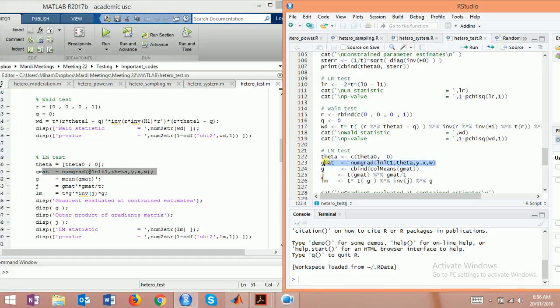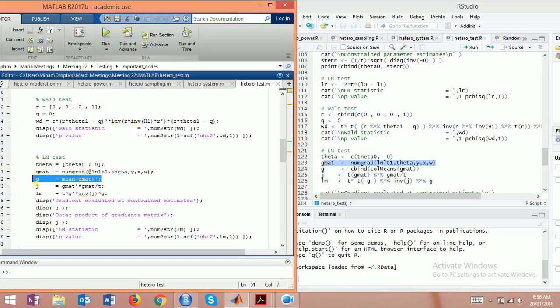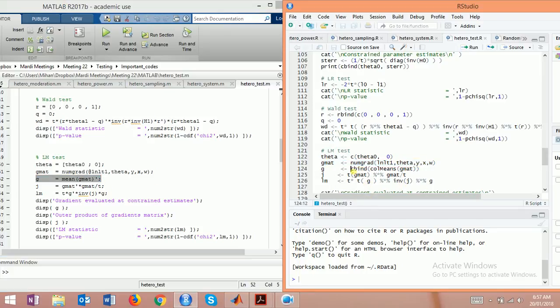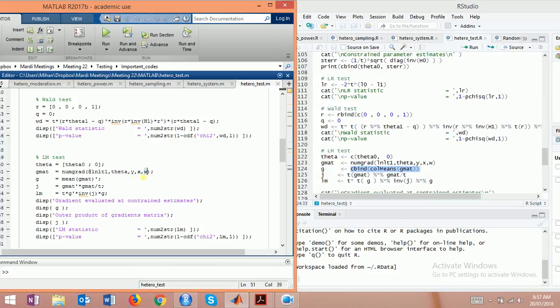Very easy. The mean of the numeric gradient is again by column, so column means of the numeric gradient, which comes in columns for each parameter.